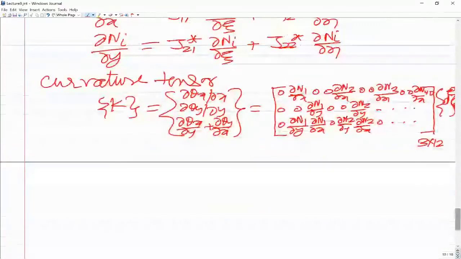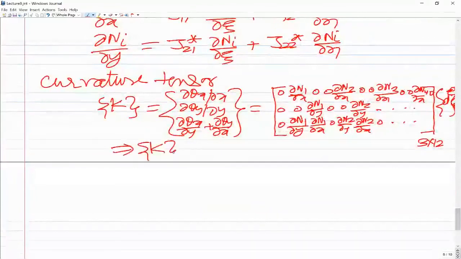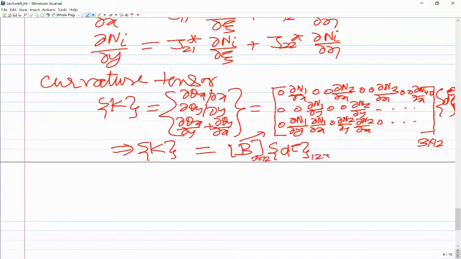So then finally the curvature tensor kappa would be equal to this B into DE. This is B, which is 3 by 12, and DE is a 12 by 1 vector. So now the element is a 4 nodal element, each node having 3 degrees of freedom. Elemental degrees of freedom are 12.